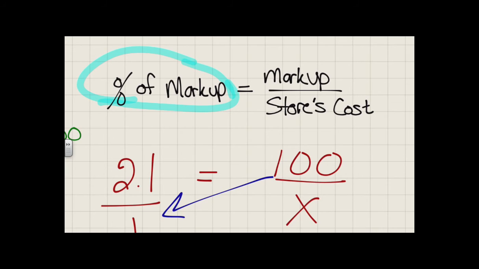The way you'll know is if there's a price, if they tell you it costs a certain amount, or if there's a percent. If it has a percent, it's definitely going to be on this side. If it has a price, you have to read carefully to determine whether it's the amount they're marking up or discounting, or the amount they paid or you pay. Money on this side, percent on the left.